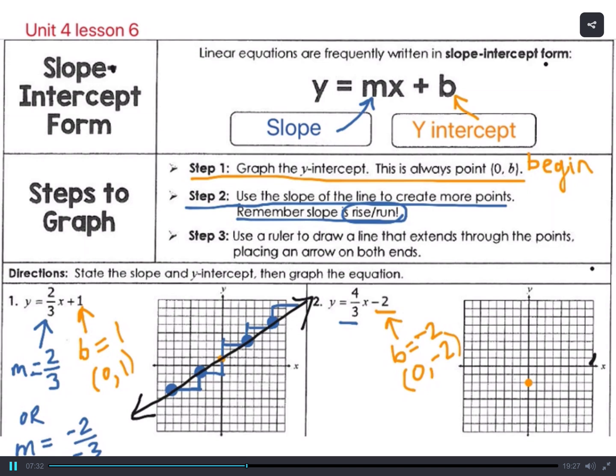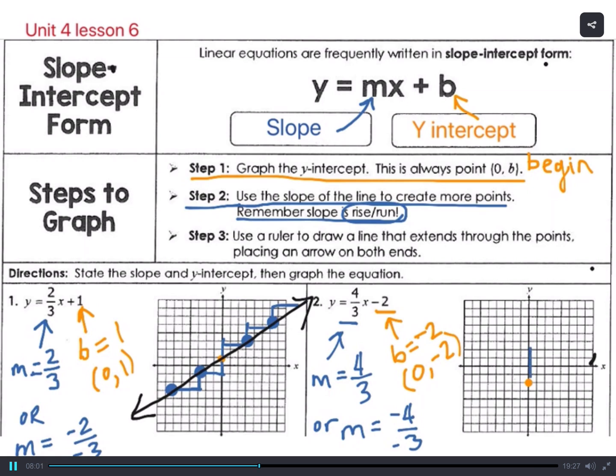slope-intercept equation and identify the slope, which is 4/3. And I can also say that m is -4 over -3, so that I am able to change directions easily. And now I'm going to use my slope starting from the y-intercept, and I'm going to plot some more points.